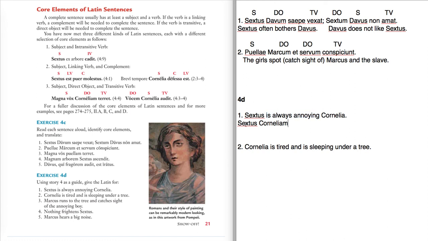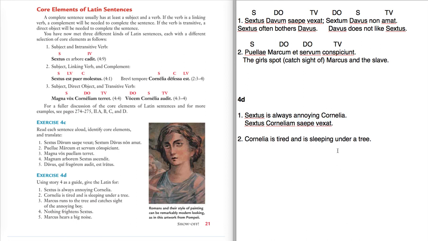Typically the word order for Latin goes subject, direct object, verb, and then any modifiers that come before the verb, like adverbs, can go right before. So we'll say saepe vexat. Let's see if I can line that up a little bit better. Sextus Corneliam saepe vexat. Subject, direct object, adverb, and transitive verb.